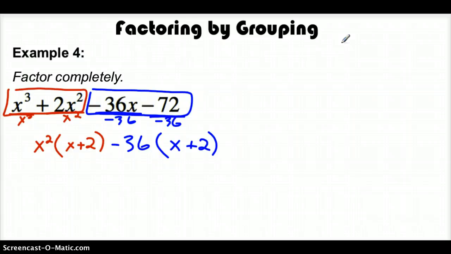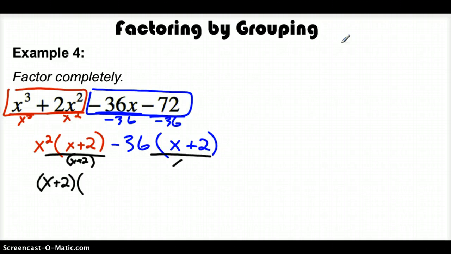At this point, I know that x plus 2 is a factor of the red part and the blue part, so I'll take it out of each. If I divide this by x plus 2 and this by x plus 2, I'll be left with x squared minus 36.